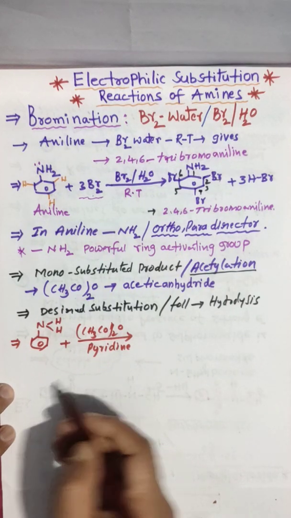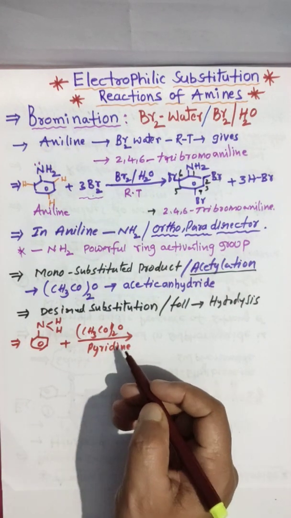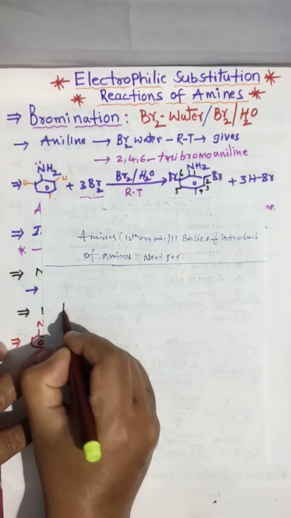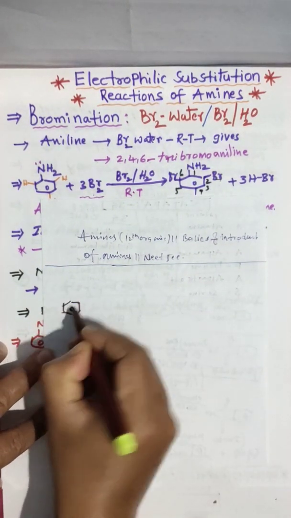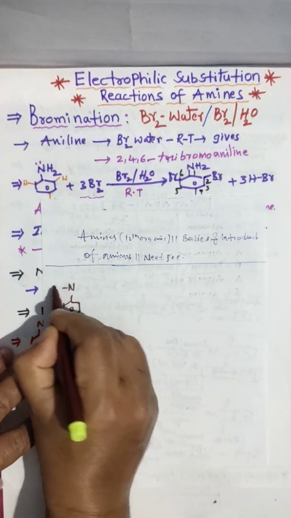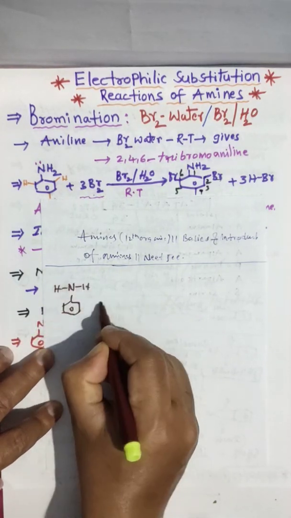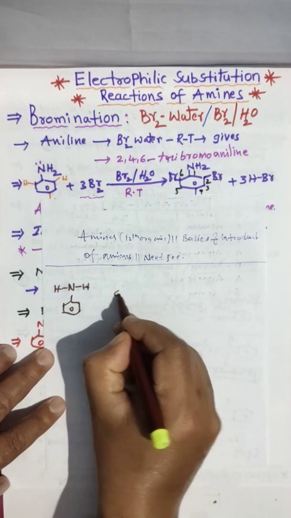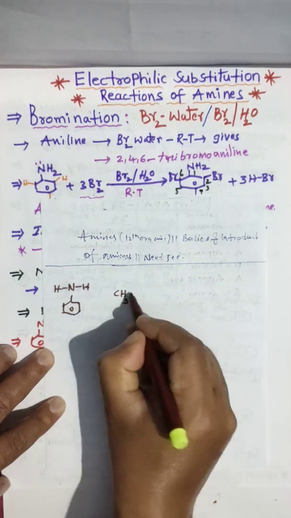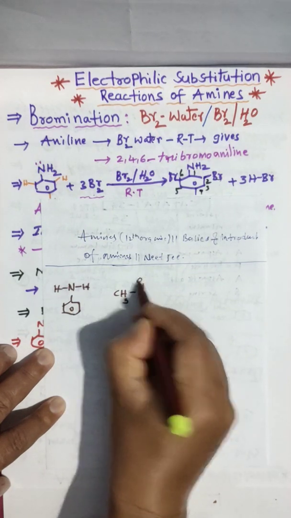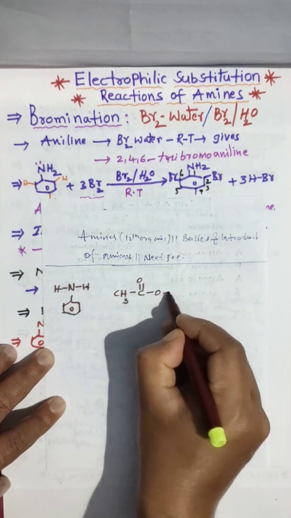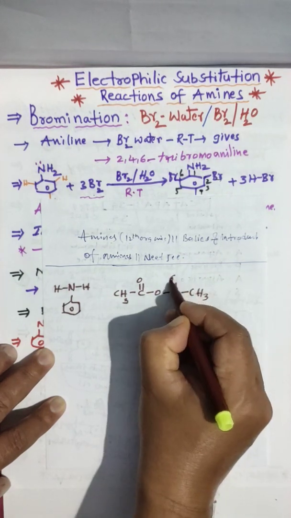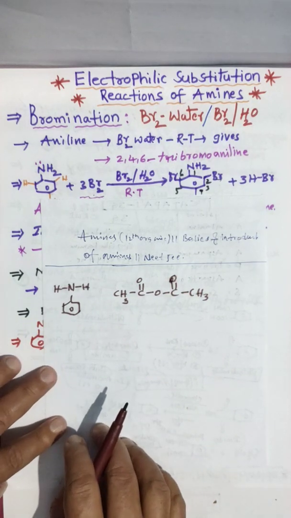Then you get substitution. Look here, I am explaining in detail. This is aniline. When you treat it with acetic anhydride, see here, CH3 bonded to C double bond O, C double bond O, CH3. This is what we call acetic anhydride.